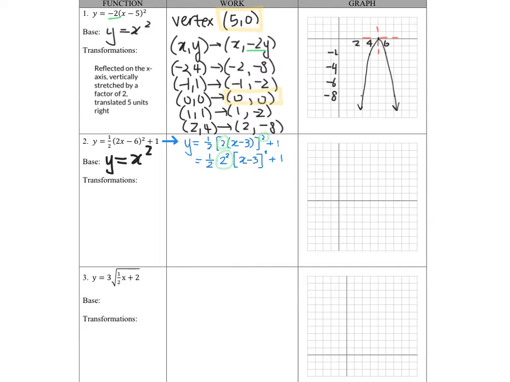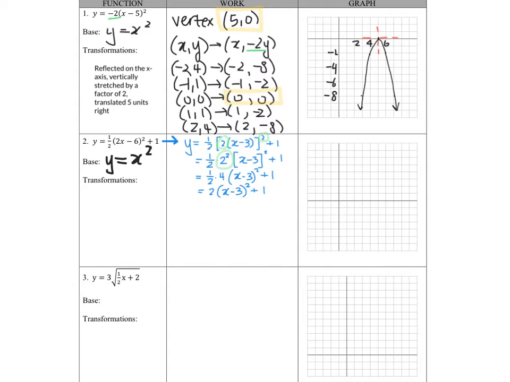Okay, so that's the 2 squared we brought out. And what that will allow us to do is this will give us half times 4 x minus 3 squared plus 1, which will then give us 2 x minus 3 squared plus 1.